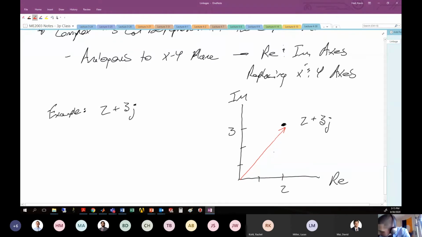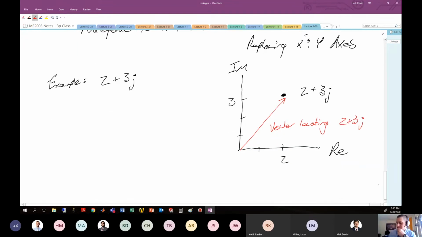Okay, so this is a vector locating 2 plus 3j. And this here is what's known as the complex plane. You have this real x-axis and imaginary y-axis.